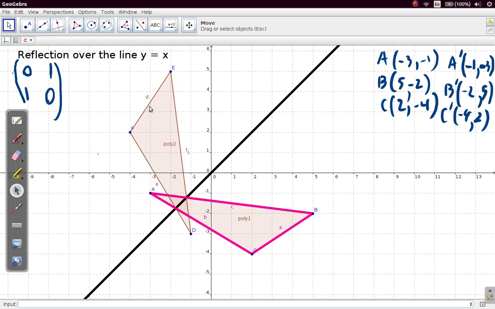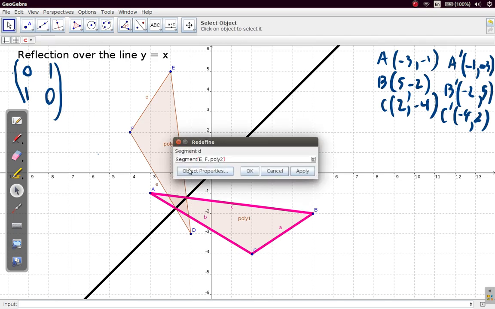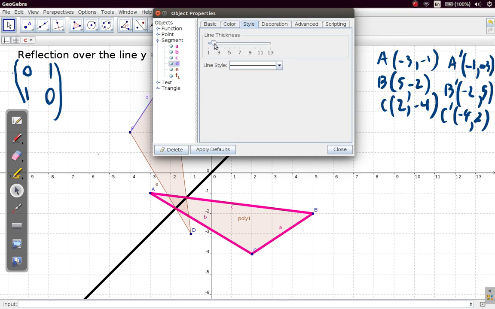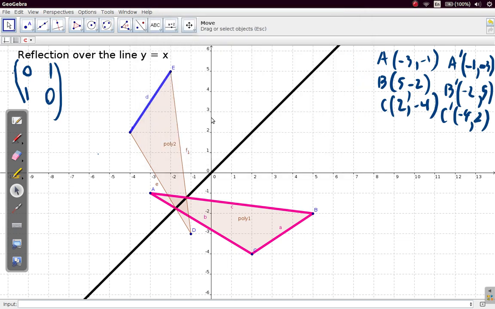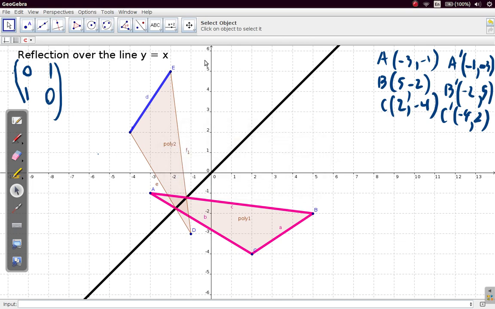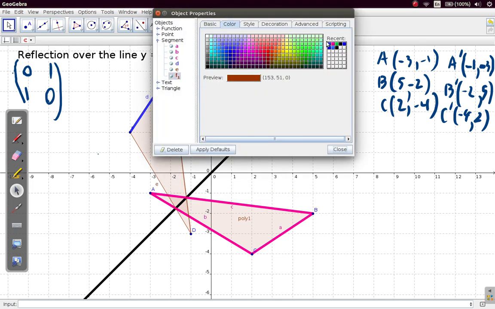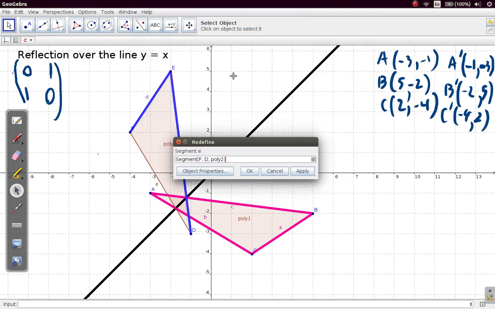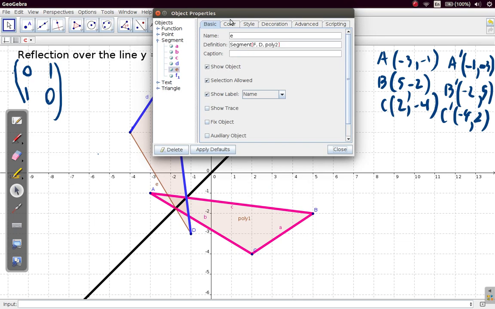Let's make our adjustments now. Let's make the color blue, and the side thick, this here. We make it that same color blue, and we thicken the side of it, and we do the same thing to the third side.